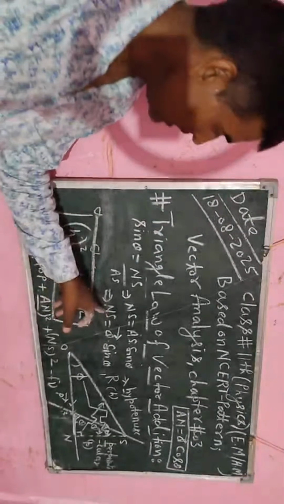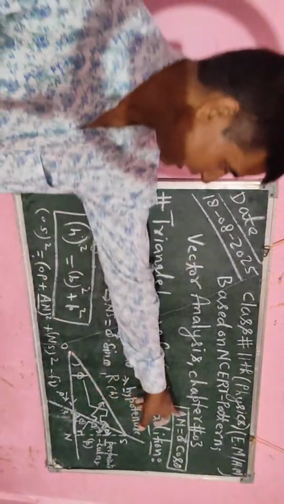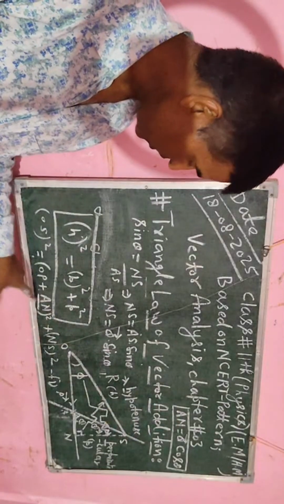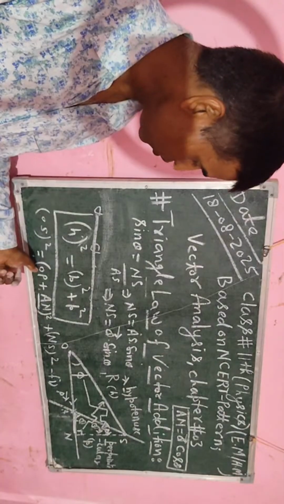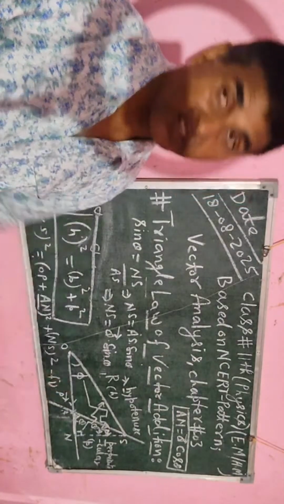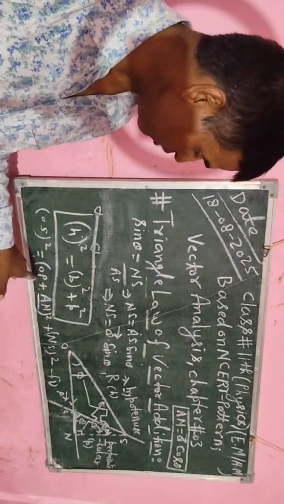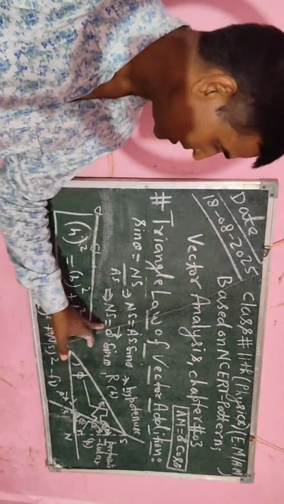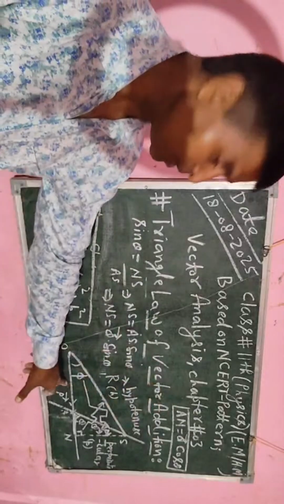Now the NS value and AN value I will substitute in equation number 1, and I will also write vector OP. Vector OP is P. So all these values 1, 2, 3, I will put in equation number 1, from here and there and also from the figure.